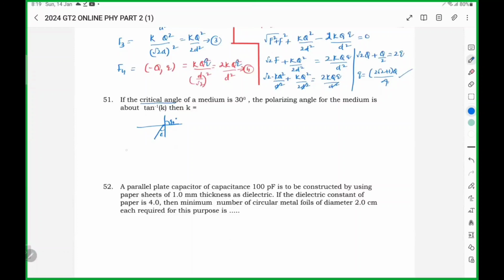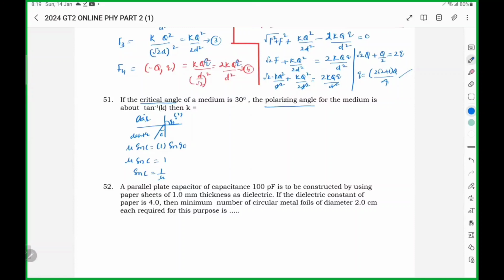So that is mu sin C is equal to 1, which is the refractive index of air. So this is air, here is the denser medium whose refractive index is mu. So sin C here is 1 by mu.